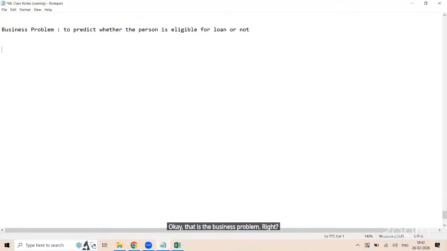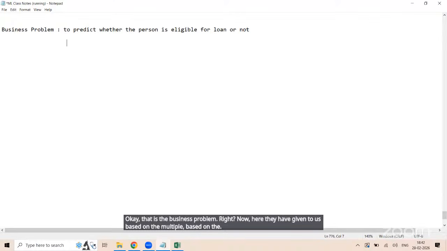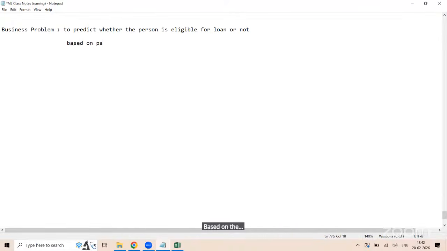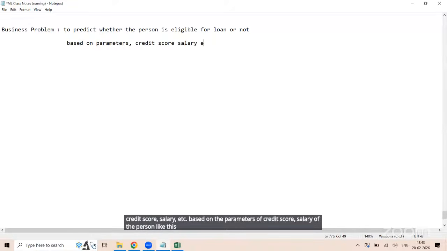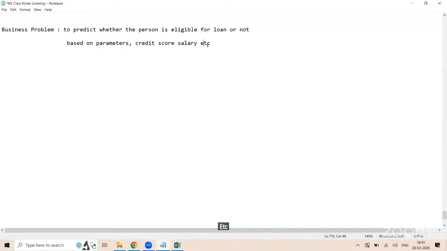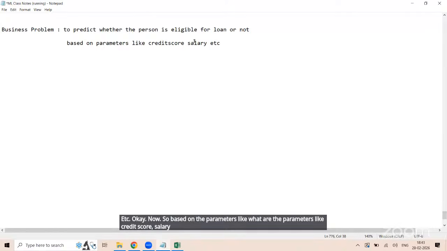Now, here they have given us multiple parameters like credit score, salary of the person, etc. Based on all these parameters, we have to estimate whether the person is eligible for the loan or not. That is the question. Right?